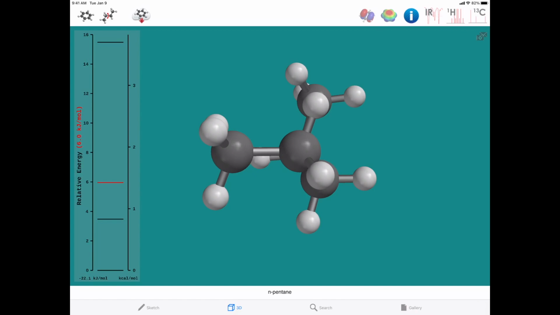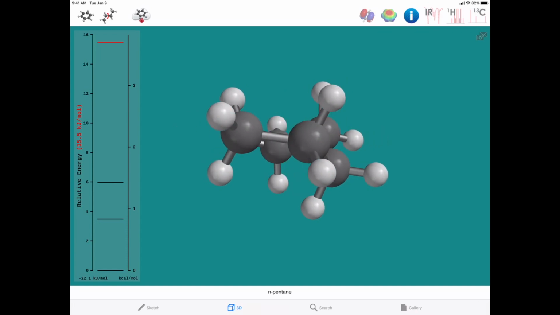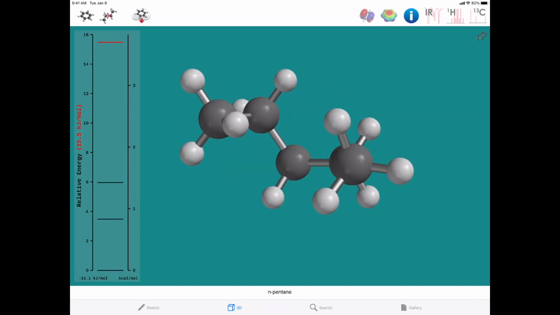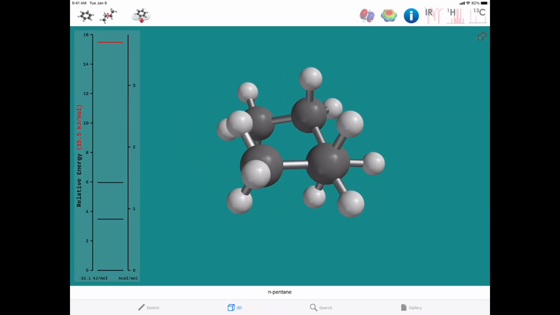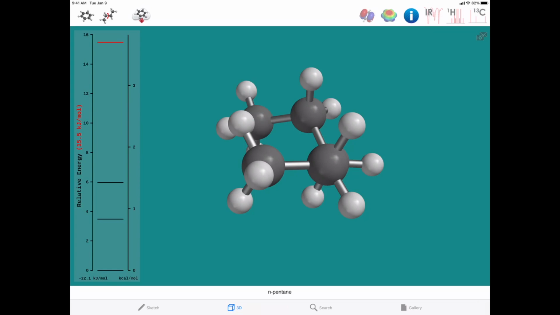Now, a question you could ask is, what would happen if you changed one of those from left-handed to right-handed? So your two gauche conformations were now opposite in sense. Let's look at that. Here's carbon 1, here's carbon 2. The group in the front is on the left-hand side of the group in the back, so we'll call that plus.